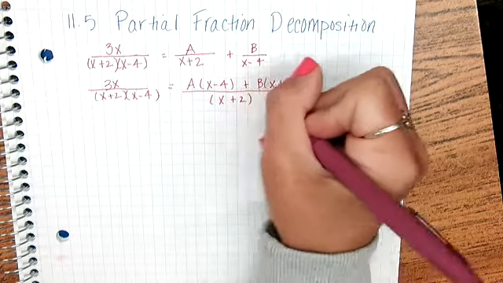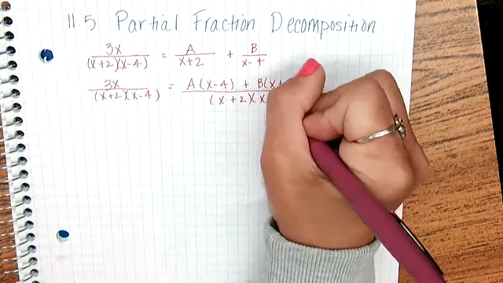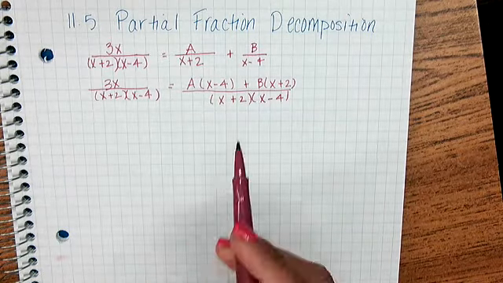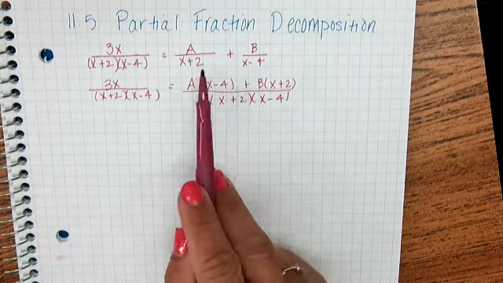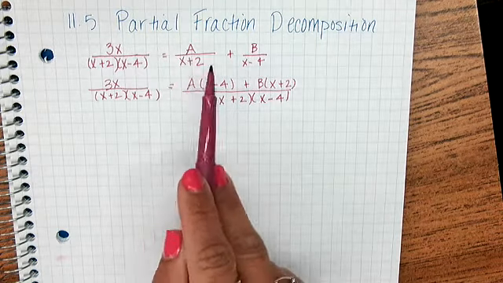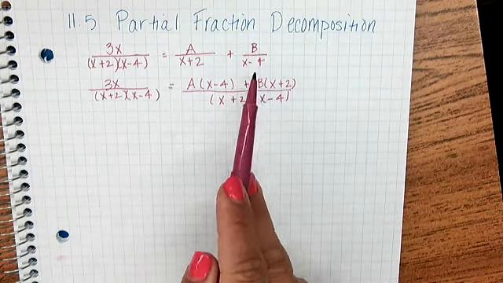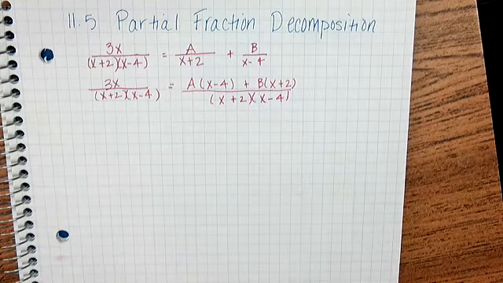This is where those of you who do voodoo math with fractions, this might come back and be a little bit more difficult for you. The common denominator, x plus 2, x minus 4: multiply the first fraction by x minus 4, multiply the second fraction by x plus 2.